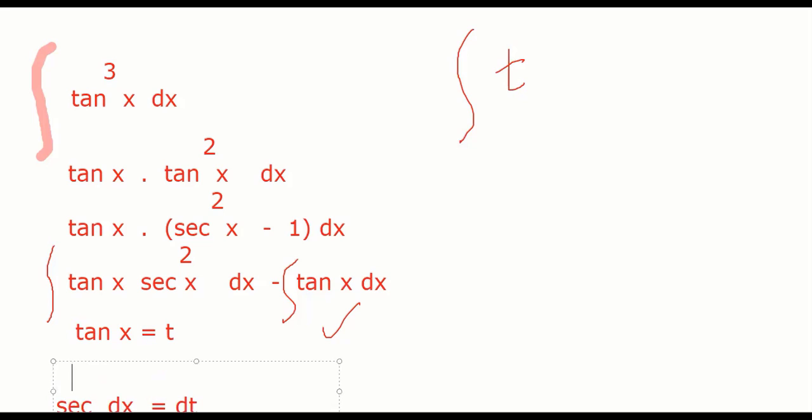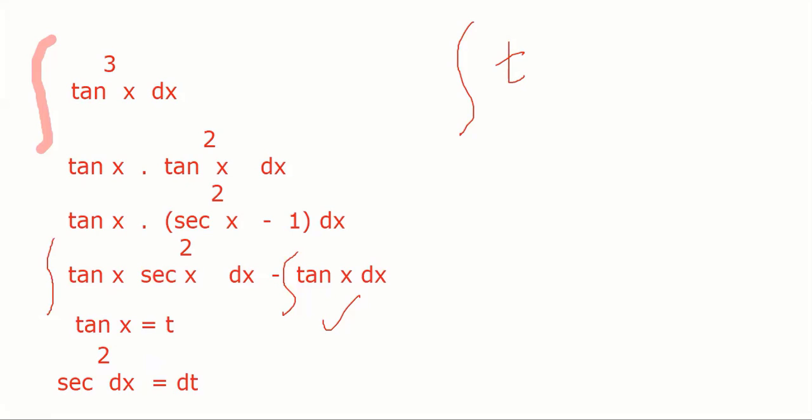Everybody agree? That we already know. So that's why your question becomes now: secant square x dx all goes, this becomes dt, and t dt we can always do.